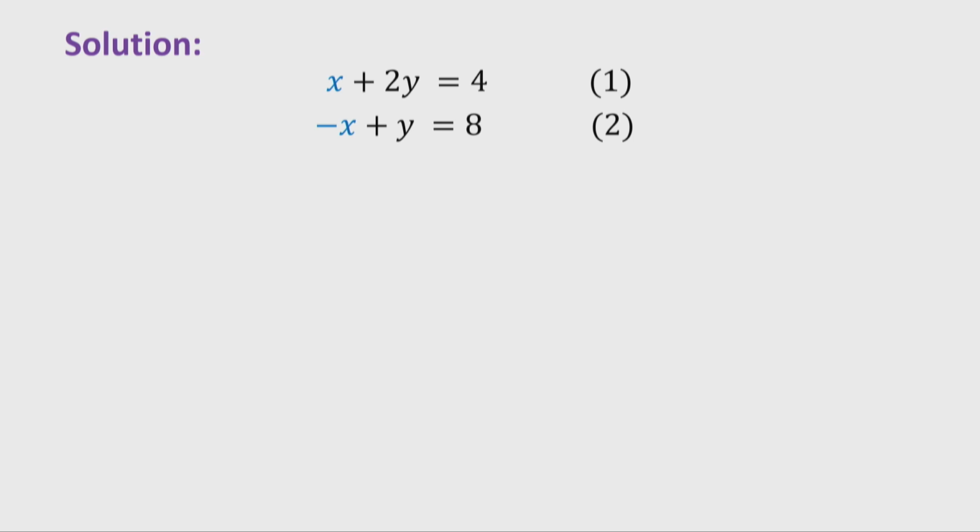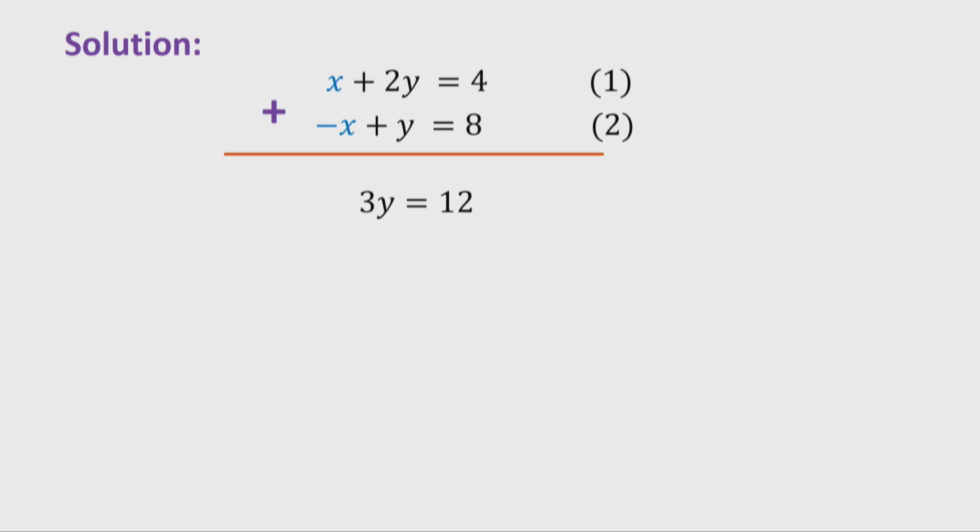In both equations, the coefficient for x is 1. We look at the signs. Equation 1, we have a plus in front of x, but in equation 2 we have a minus sign. So when we have opposite signs, we need to add. So we will add equation 1 and 2.